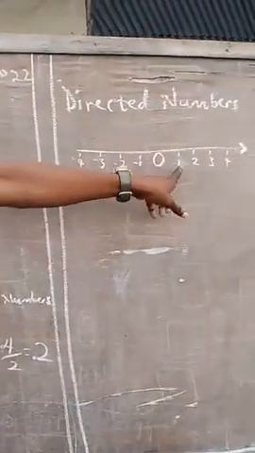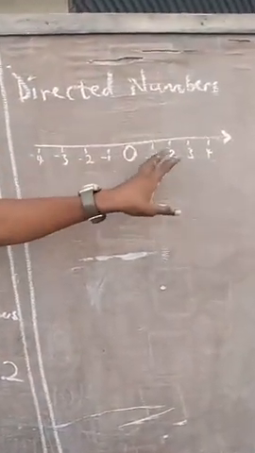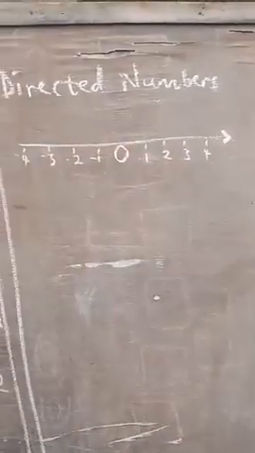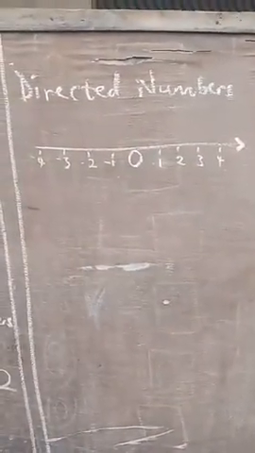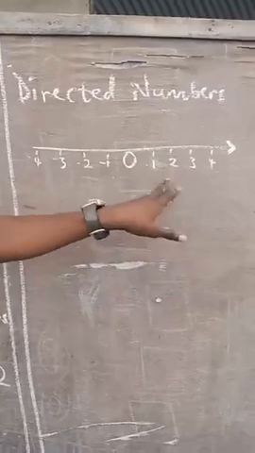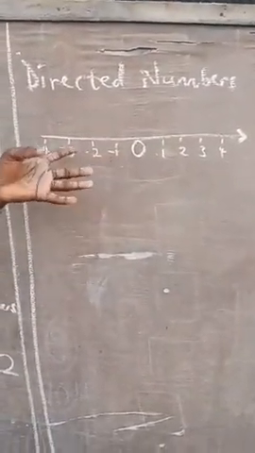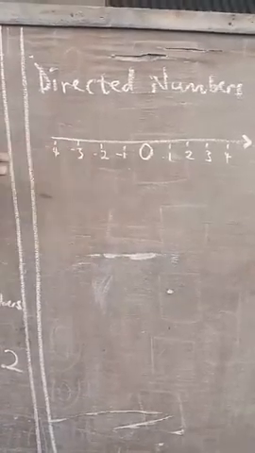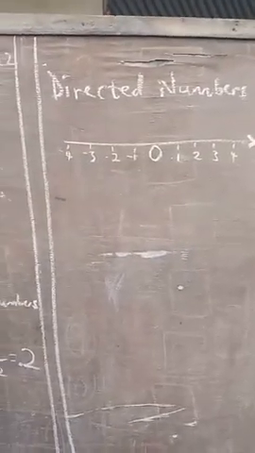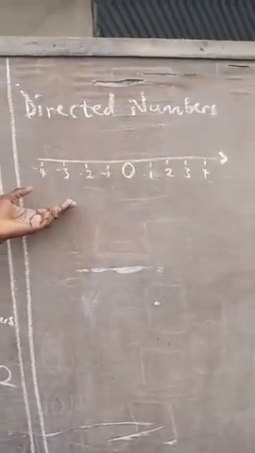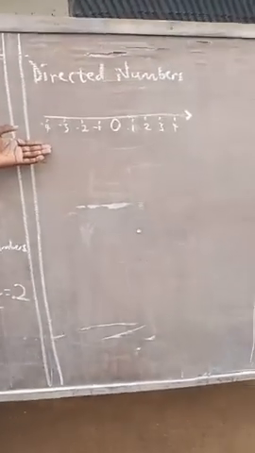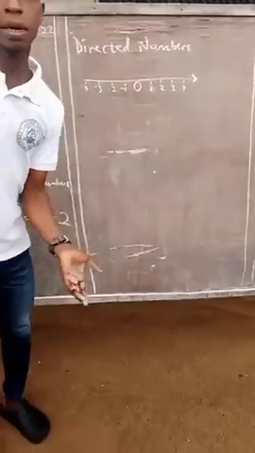When you see 1, 2, 3, 4, you should just know it's positive numbers. It must not have a plus sign before you know it's a positive number. And when you see numbers that have a minus sign attached before them, they are known as negative numbers. So these are typical examples of directed numbers.